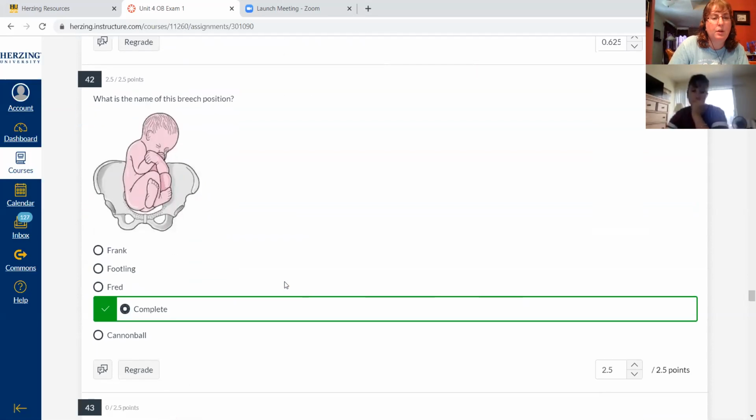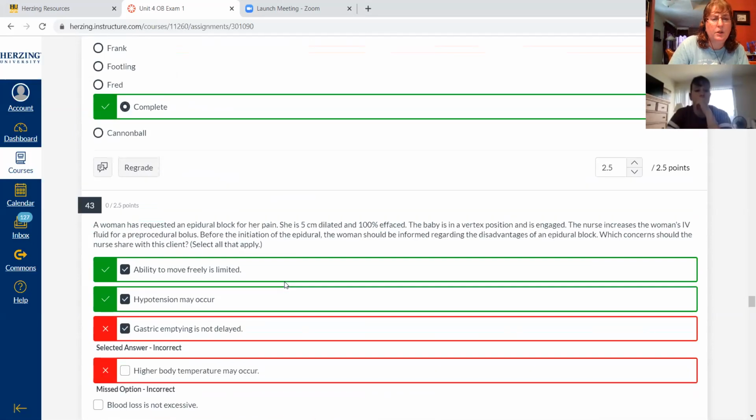All right, you got the breech position. All right, this one, what is this? Okay, so the woman has requested an epidural for her pain. She's 5 centimeters dilated, 100% effaced. Baby's in vertex position and is engaged. You increase the woman's IV fluid. Before the initiation of the epidural, the woman should be informed regarding the disadvantages of epidurals.